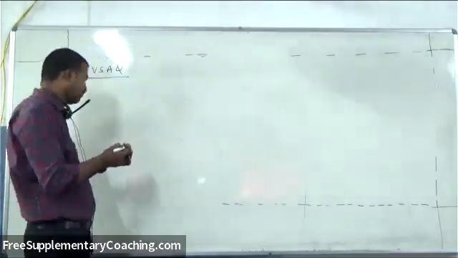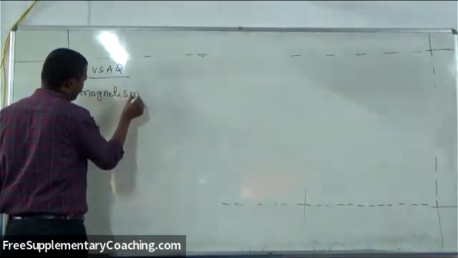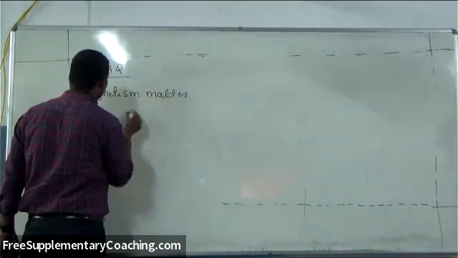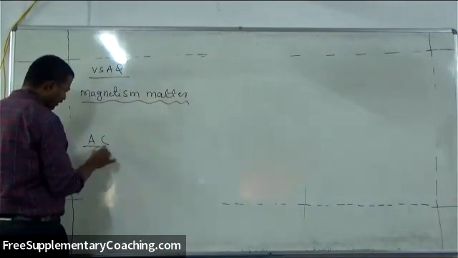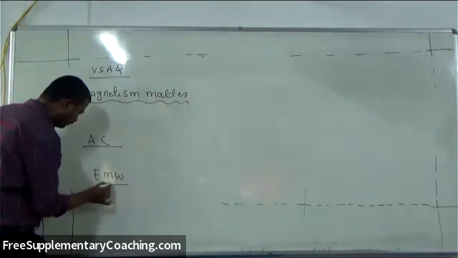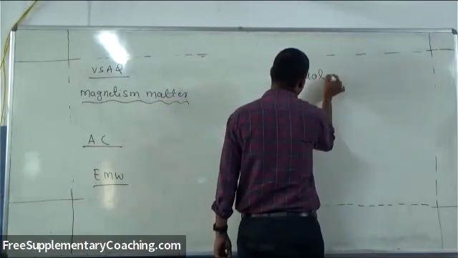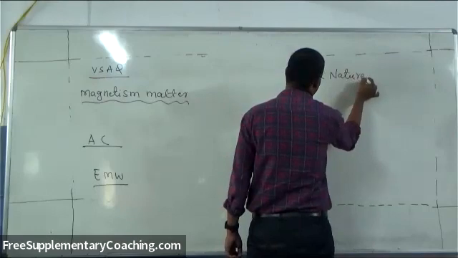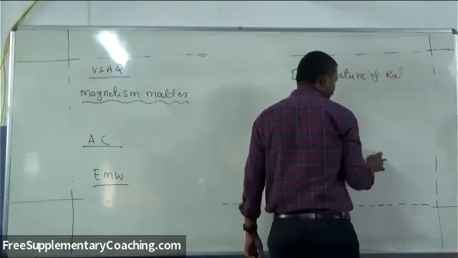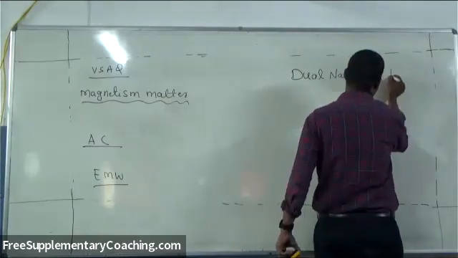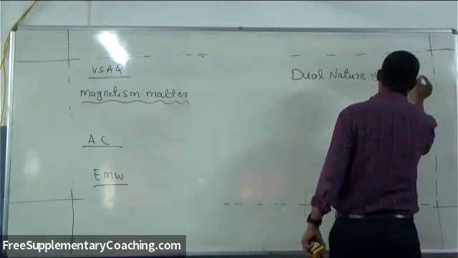These four chapters: magnetism and matter, alternating current (AC), EMW (electromagnetic waves), and dual nature of radiation and matter.